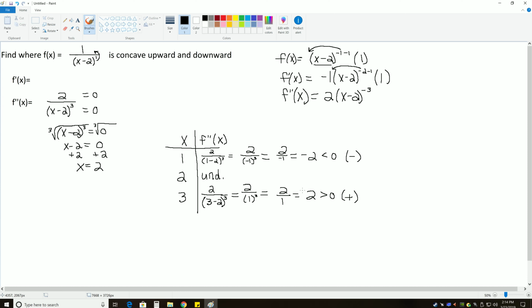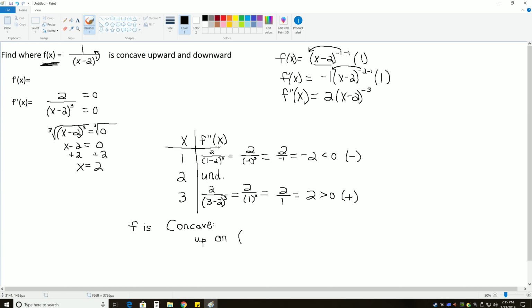And we now know all that we need to know to decide where our original function f is concave upward and downward. So we say f is concave up on the interval. And now think about this.